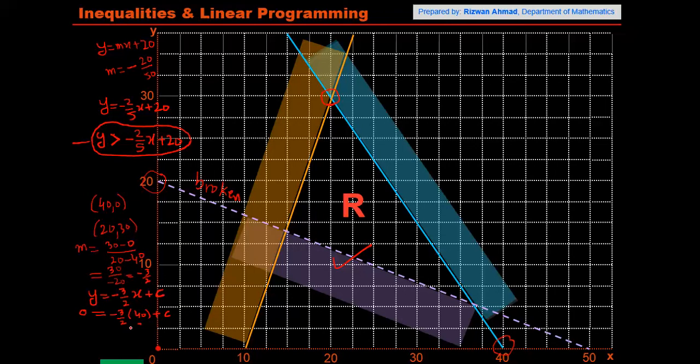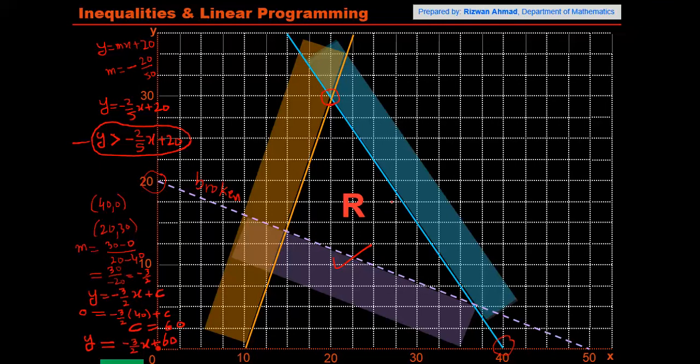So we will get c is equal to 3 times 20, 60. So it will be positive 60. So the equation of this blue line will become y is equal to minus 3 over 2x plus 60.